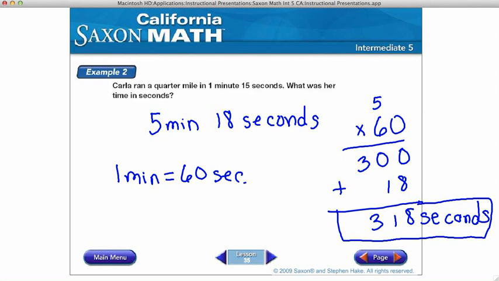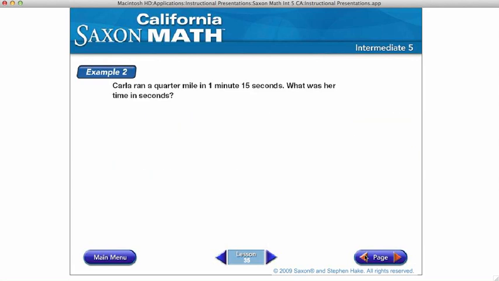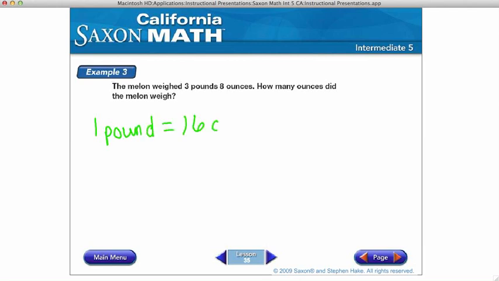All right, let's look at example 3. The melon weighed 3 pounds, 8 ounces. How many ounces did the melon weigh? Well, you need to know that 1 pound equals 16 ounces. So 3 pounds times 16 ounces in each pound. 3 times 6 is 18. 3 times 1 is 3 plus 1 is 4.